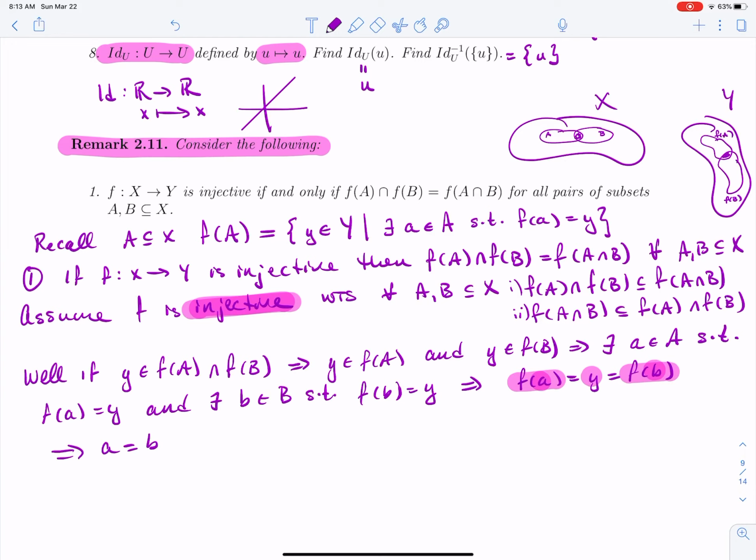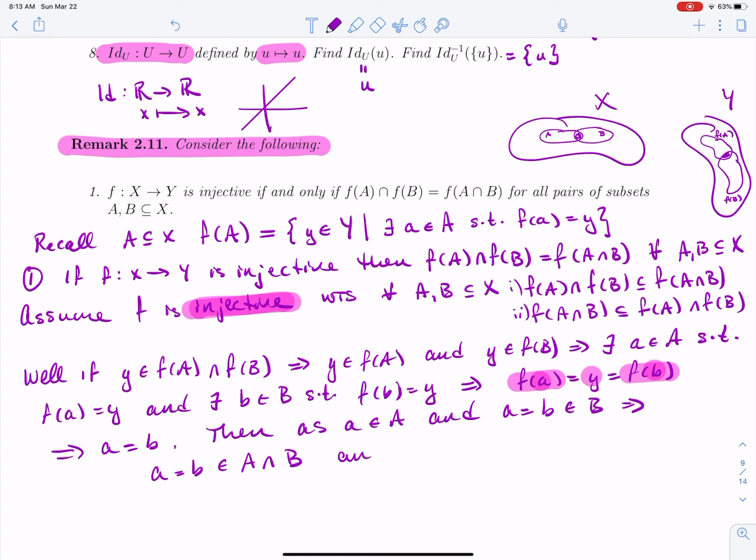And if a and b are equal, what does that tell me? Since little a is contained in A and little a, equal to little b, is contained in B, that tells me that a, which is equal to b, is contained in A and in B. All right?